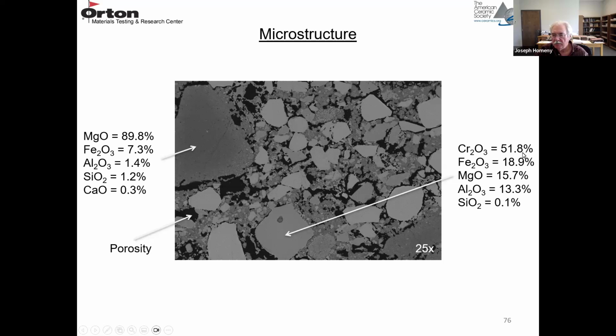The chrome is about 52% Cr2O3, 18 or 19% Fe2O3, about 15% MgO, and about 13% alumina with a little bit of silica. These are typical chemistries for the chrome grains. And here's a MgO grain of about 90% MgO, and the primary impurity is Fe2O3, about 7%. There's also some alumina, silica, and lime present.